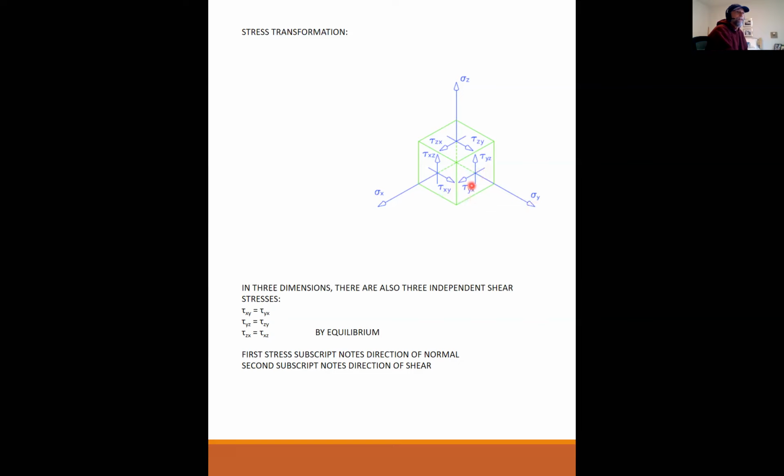So tau yx is on the y face, and the stress is going in the x direction. Tau yz is on the y face in the z direction, and so on and so forth. So you can see each one of these follows that. This shearing stress here is on the x face pointing in the y direction.